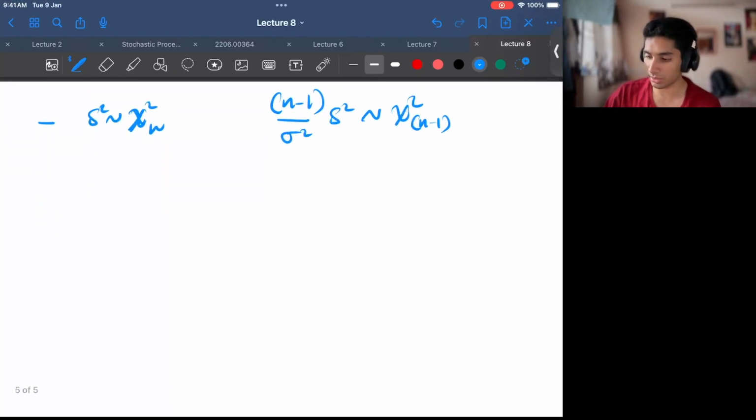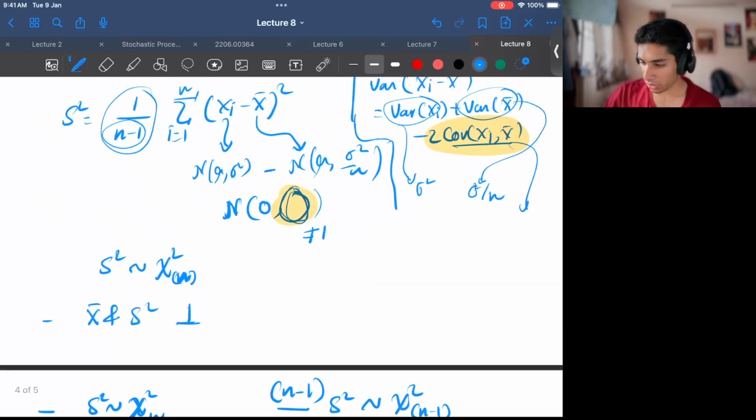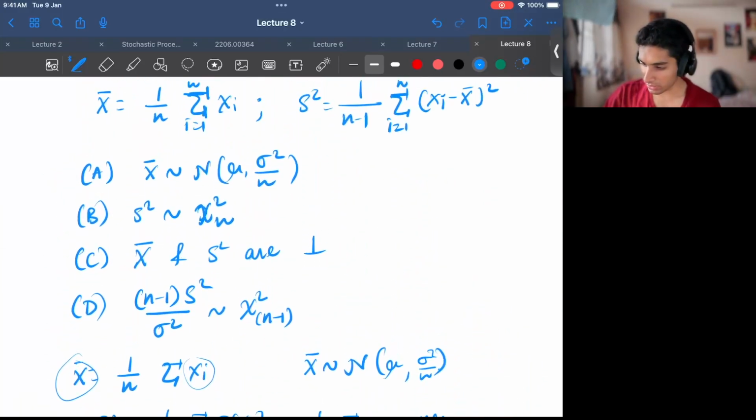So if x follows chi-square with degree of freedom n, then n minus 1 over sigma square times x follows chi-square with degree of freedom n minus 1. If you want to decrease the degree of freedom of a chi-square random variable, you apply this transformation. So all of the statements are correct.